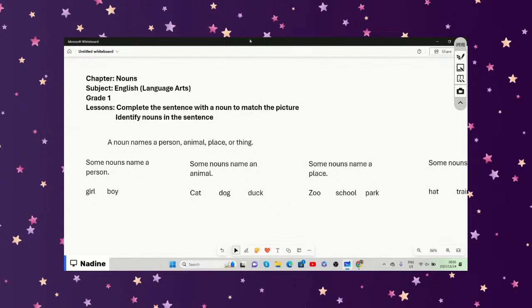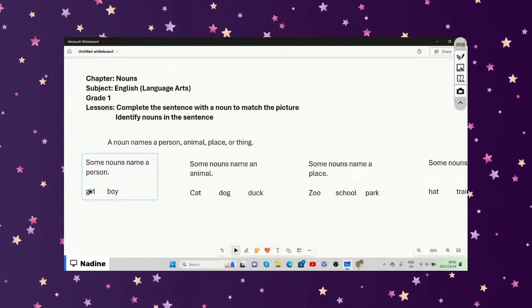For example, some nouns name a person. This is not the person's name. This is just saying girl, boy, mother, father, sister, brother, and so on. Those are nouns. It gives us a general name of a person.